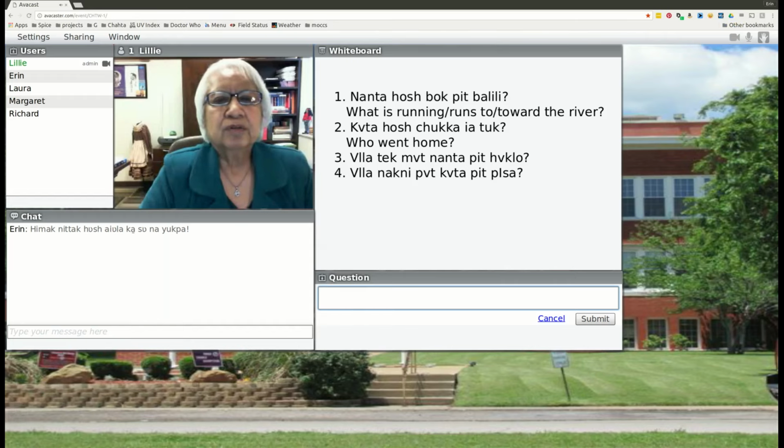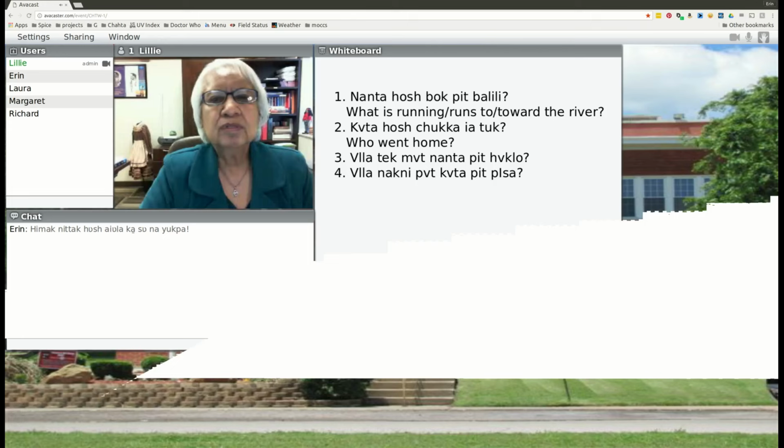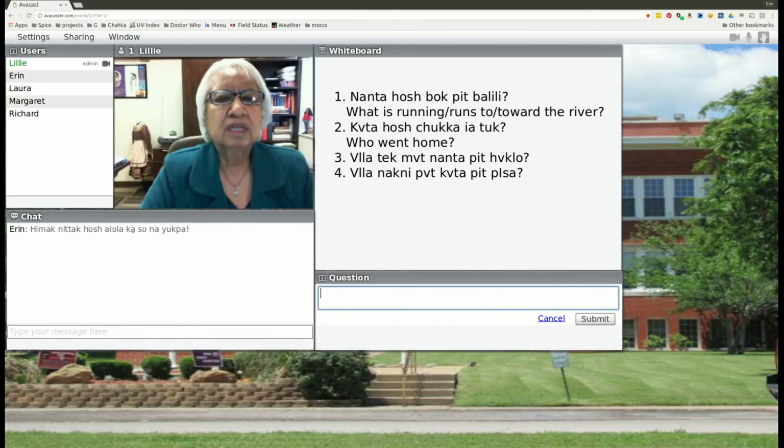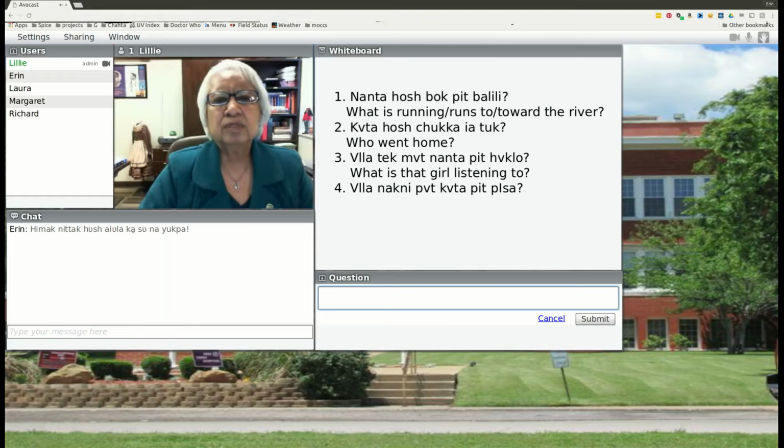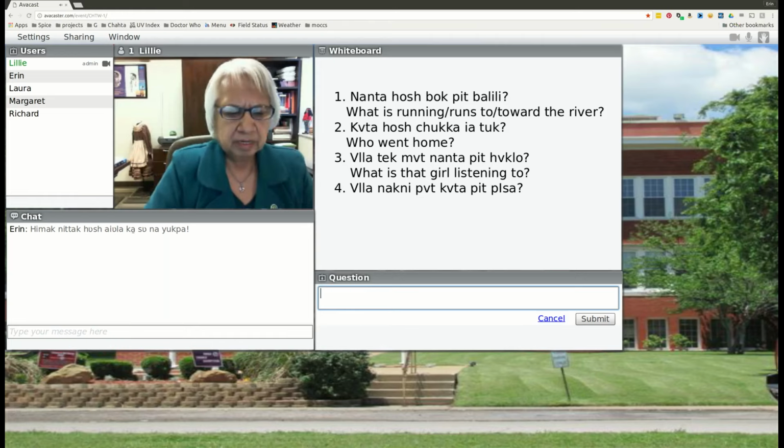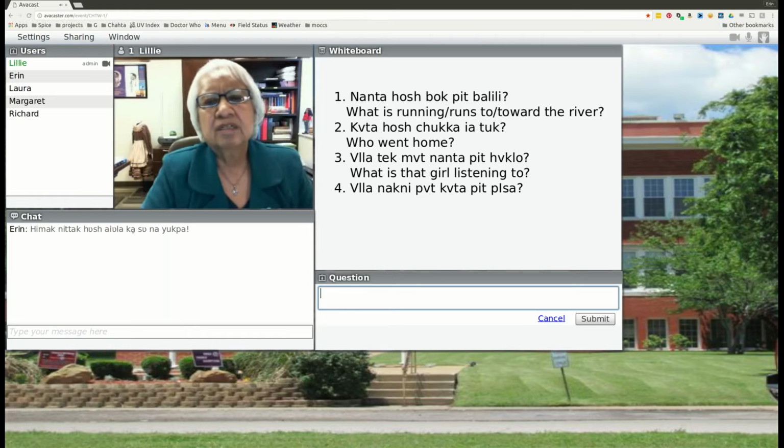What is that girl listening to? There is no word that says little here. Alatik means girl. There is no word that says little. Alatik mat nata pit haklo. What is that girl listening to?